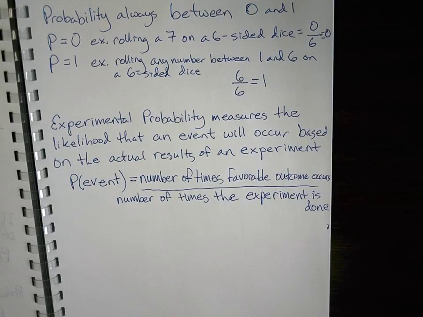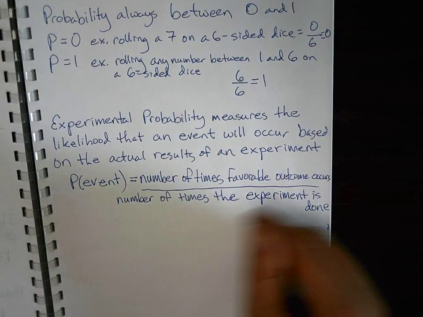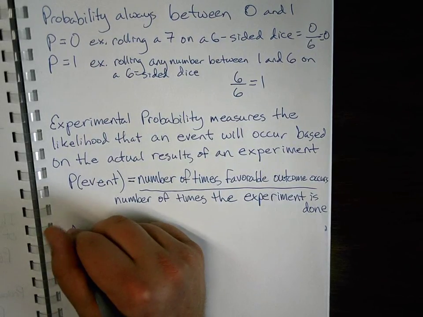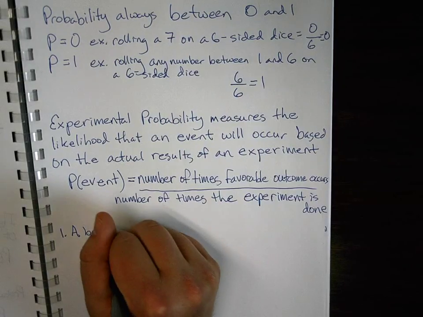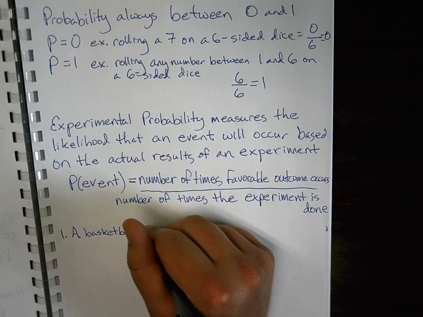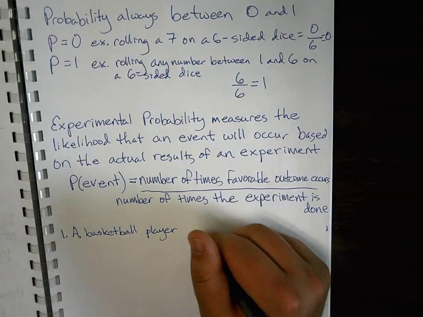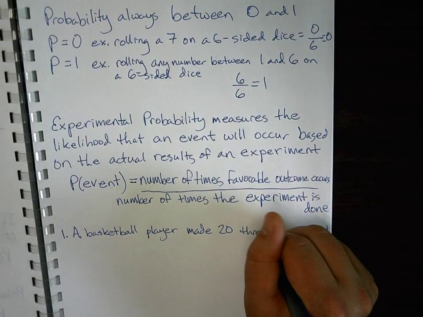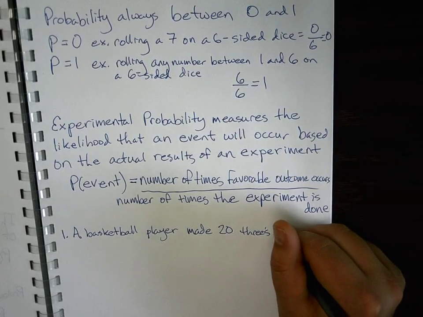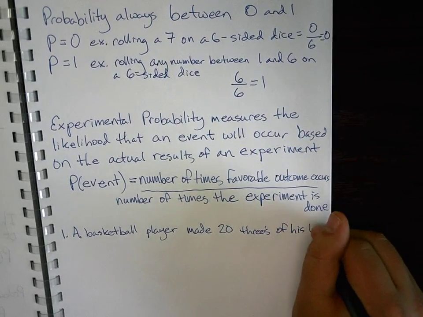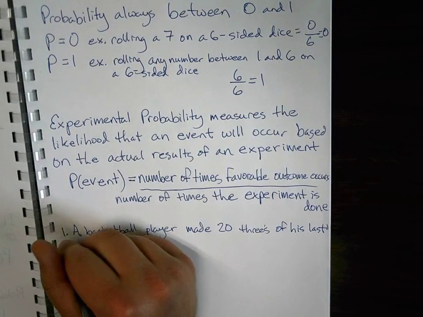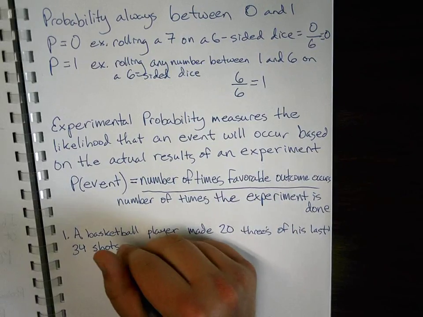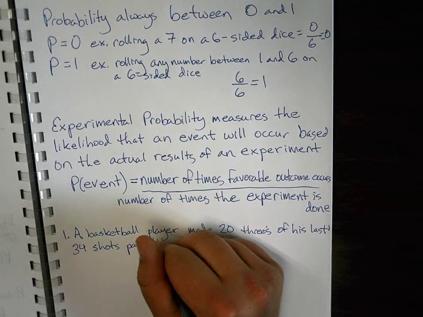All right, so let's try one out here. These ones are usually a bit more than just rolling a die. So let's say a basketball player made 23 threes of his last 34 shots past the three-point line.